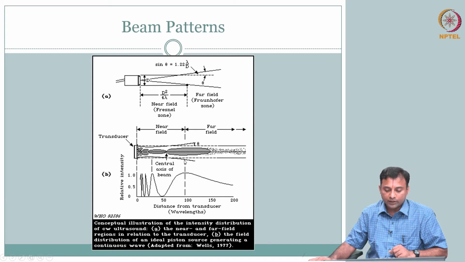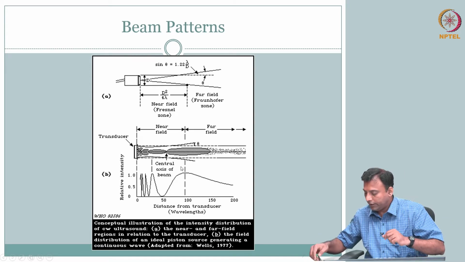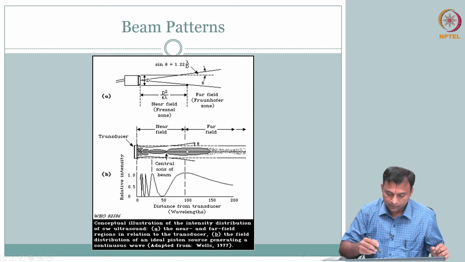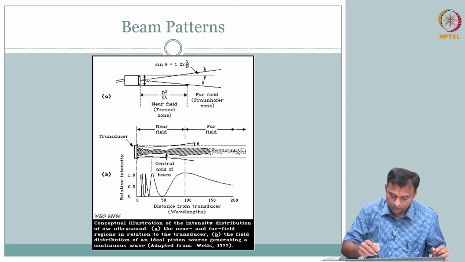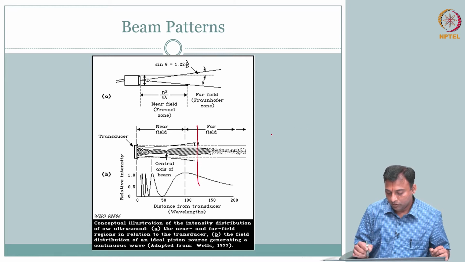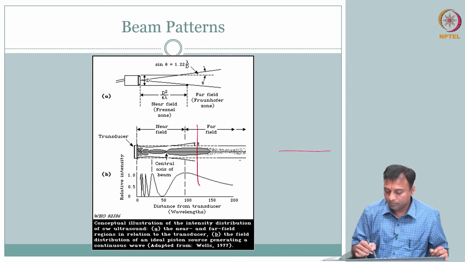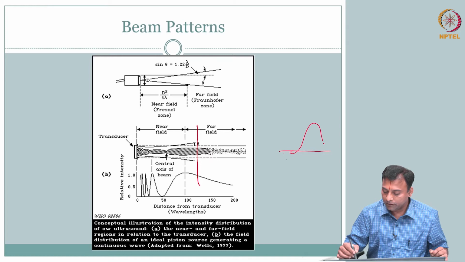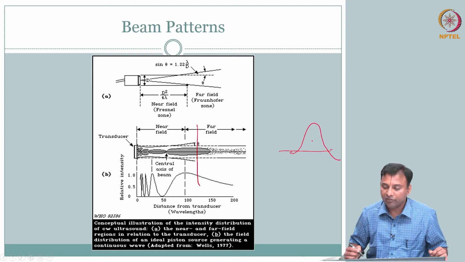If you take a cross section, right, if I am to do the intensity there, I am just doing a rotation so that it is easy for me to draw. What you are seeing is predominantly an intensity map like that. This is in the far field.